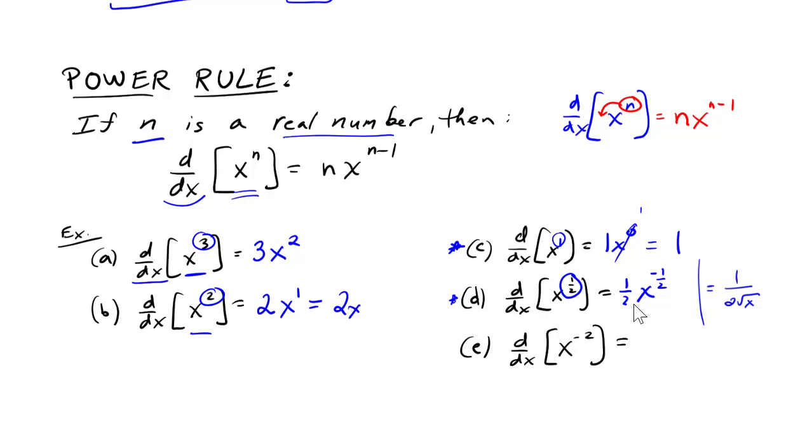If I want to do more on derivatives, then I like this form here. If I want to plug in numbers, I'd probably like this form here. So it's all going to depend. All right, more to that point, the derivative of x to the minus 2. Well, that's just minus 2, x to the minus 2 minus 1 is minus 3.